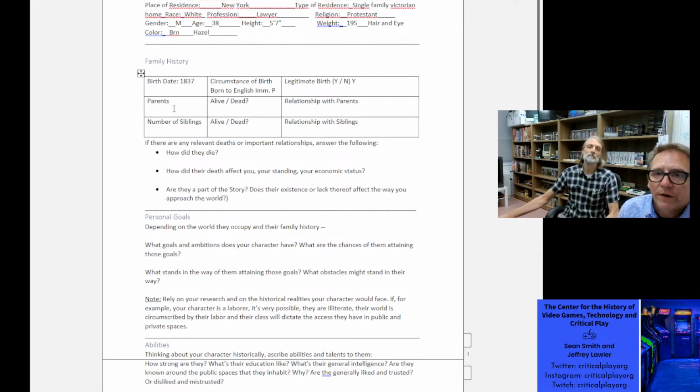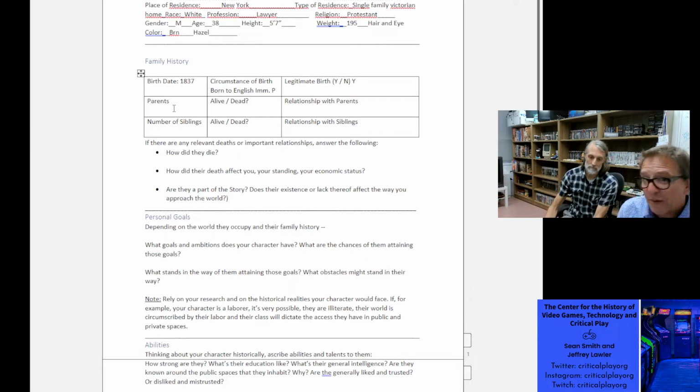The rag picker could have been orphaned at some point and not even know whether their birth was legitimate. Mom could have died in childbirth, leaving them to fend for themselves. So again, it's really just about having them occupy this world as they're trying to develop a sense of who this character is going to be that we're going to be playing.